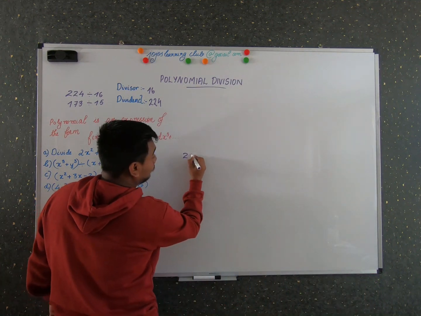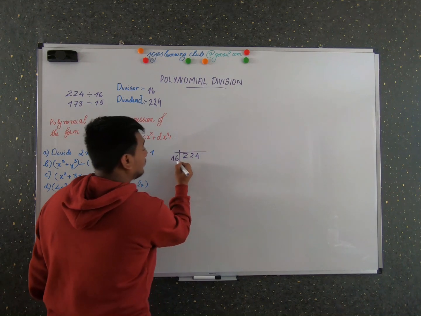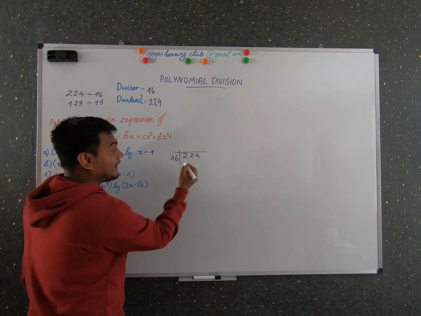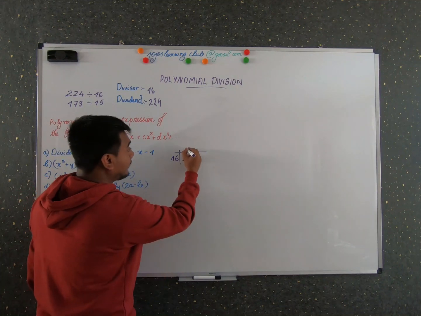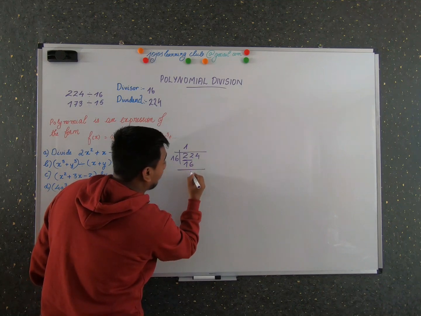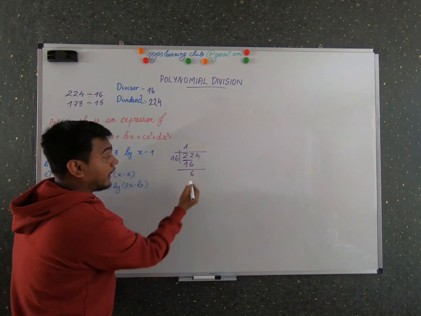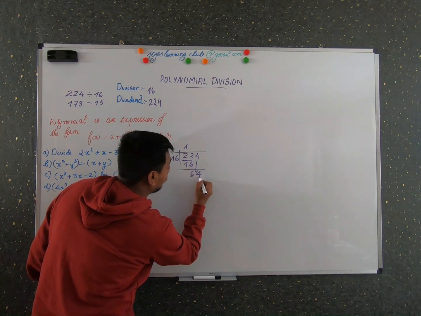So, 224, and now I'm going to divide it by 16. While doing this, you can see that you can't divide 2 by 16, so you take the second number as well. Again you write 16, it goes one time, and you have a remainder of 6. Again it won't go with 6, so you take down this 4 and write it over here.